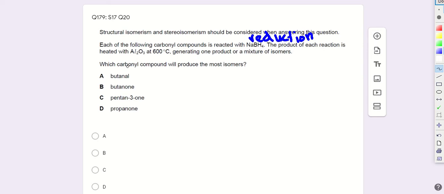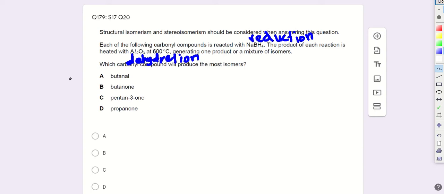This is dehydration. Then one or more products will be formed. So which carbonyl compound will produce the most isomers? We have no choice. Let's look at the answers one by one.